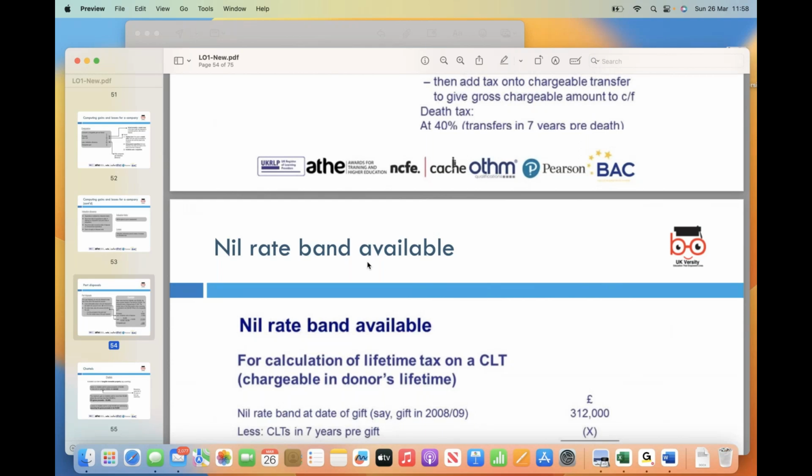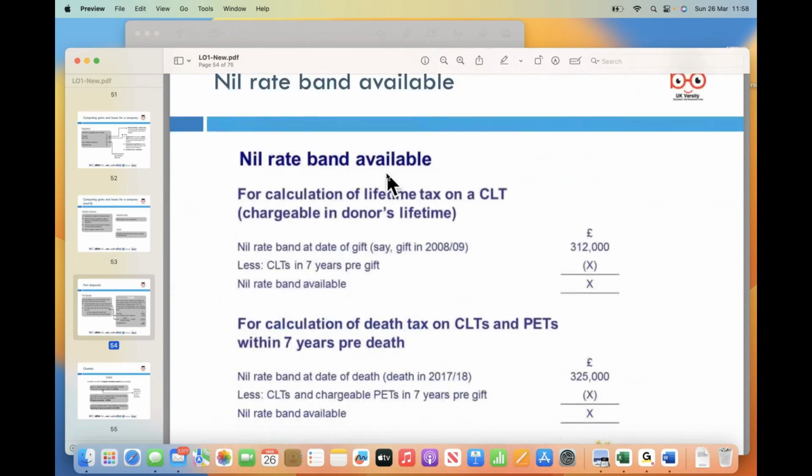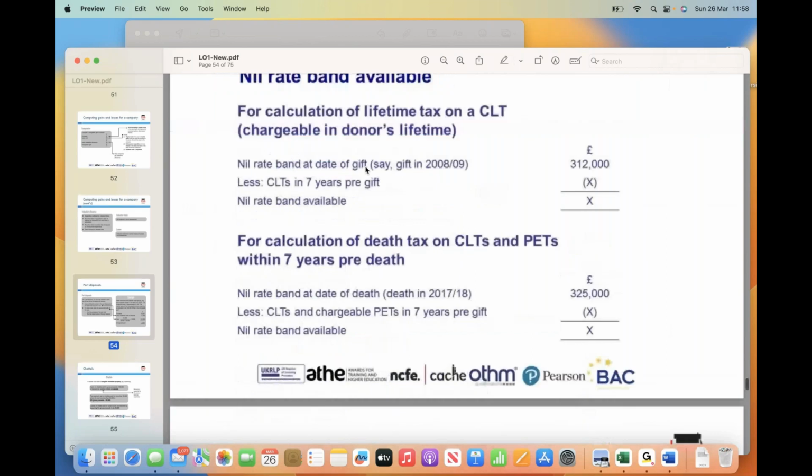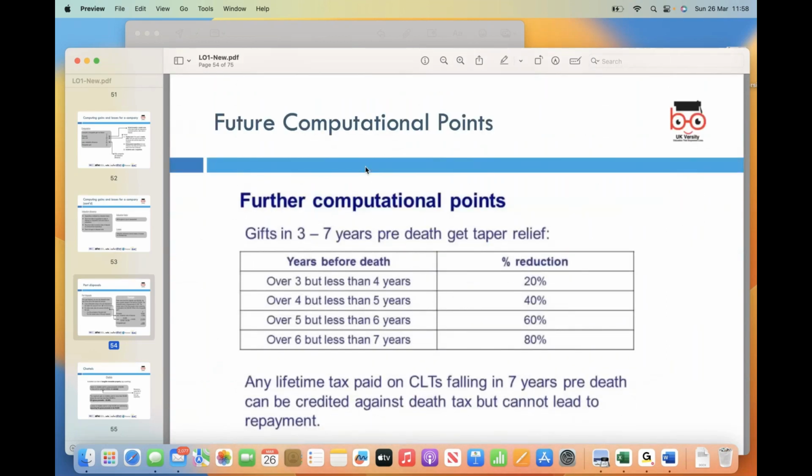The same applies to the residence nil rate band. However, it is important to note that the claim for this transfer must be made within 2 years of the second death.